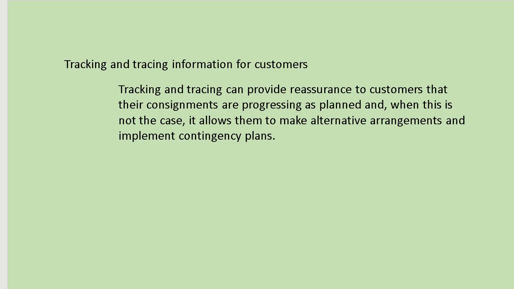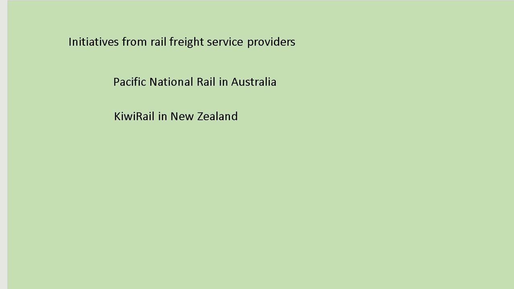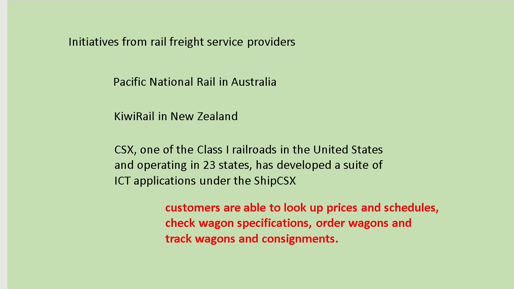Initiatives from rail freight service providers are given by Pacific National Rail in Australia and Kiwi Rail in New Zealand. So from now on, we'll be taking up some apps that do precisely this: generate information about rail and about cargo.